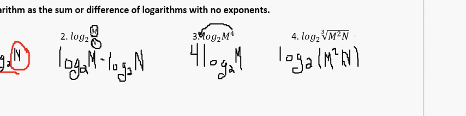So what exponent would I use? Remember, top number is the exponent, bottom number is the root. The exponent's actually a 1 here, and the root's a 3. So what I've done is I've changed that cube root to a 1/3 exponent.